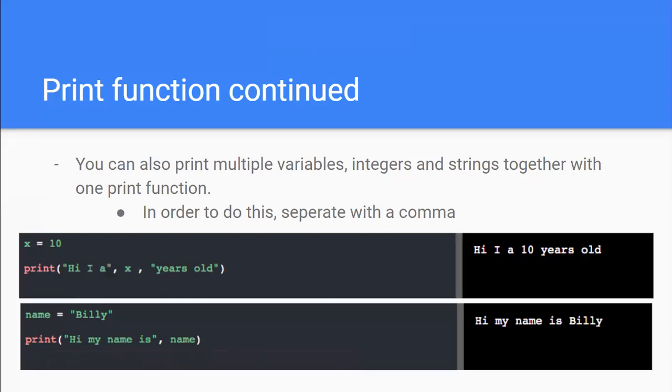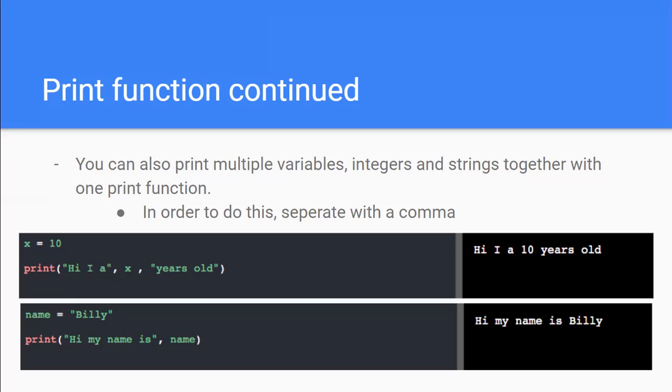You can see you put print, and it's a string first, hi I am, and then the comma. This comma is able to combine the string hi I am with the variable x, which is equal to 10, and then we combine the x with the string years old.